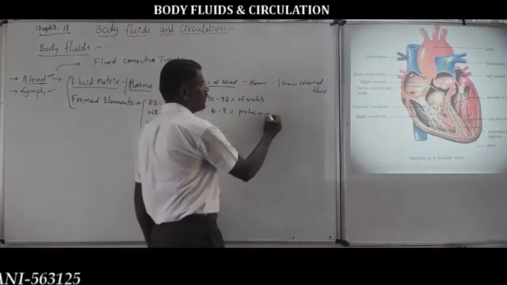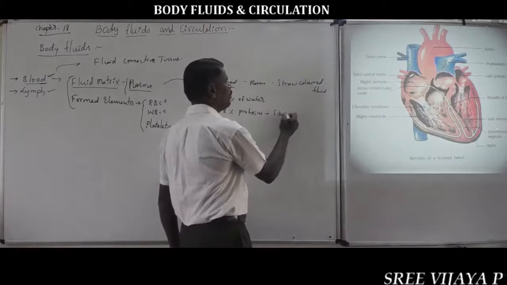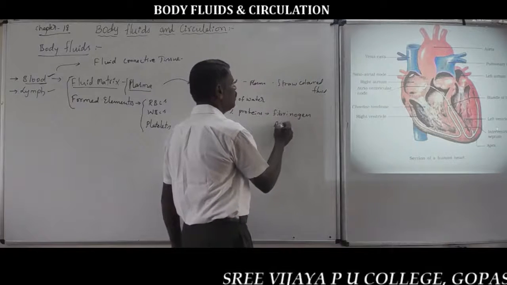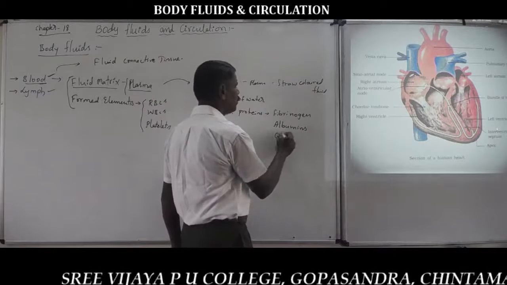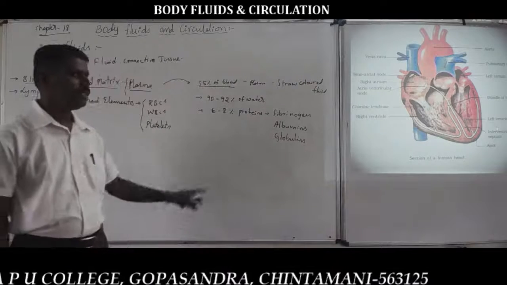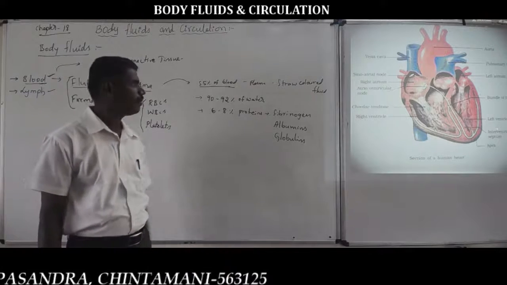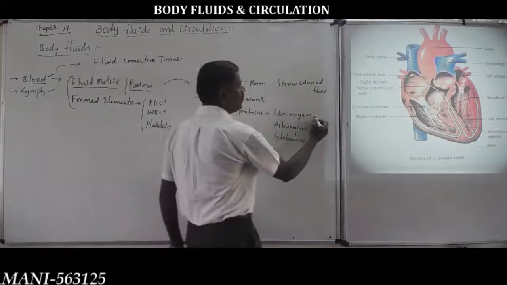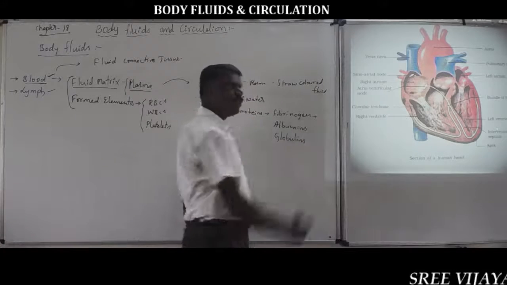It consists of different types of proteins: fibrinogen, albumins and globulins. Fibrinogen is in an inactive form, and it is converted by the enzyme thrombokinase into fibrin.